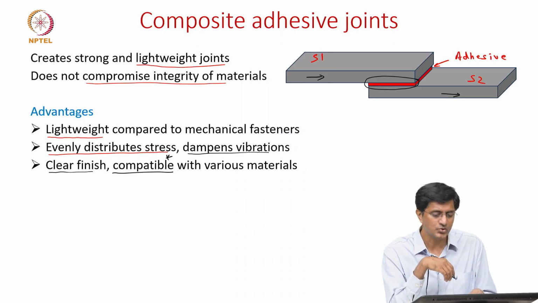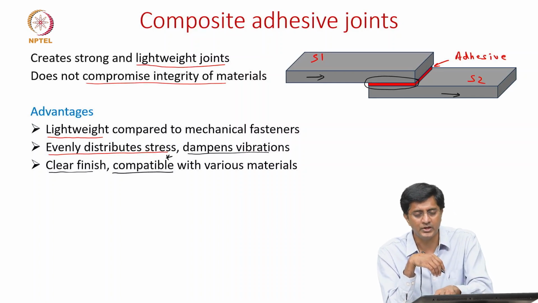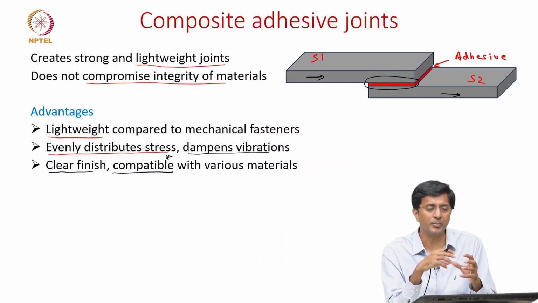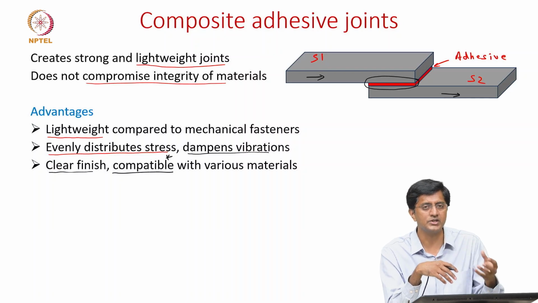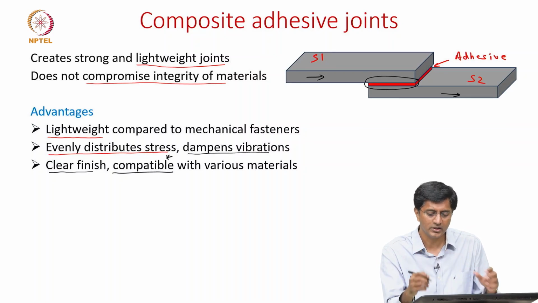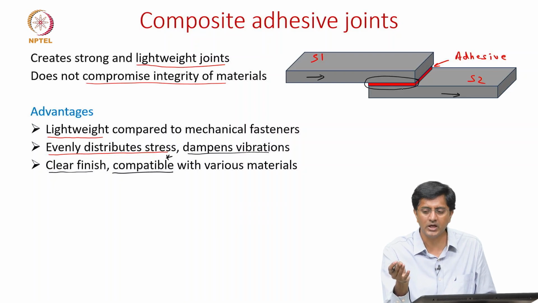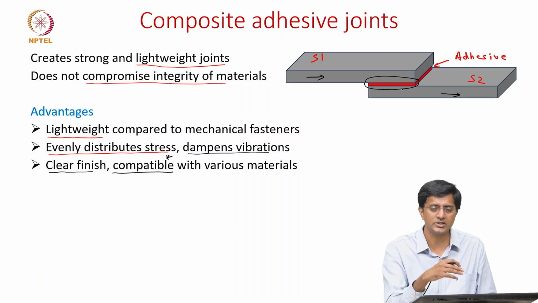But usually in adhesive joints, the adhesives we choose are compatible with most of the materials. Of course, it's not for each and every material, but 90-95% of the materials are compatible, meaning the same adhesives one can use to join aluminum, steel, as well as composite. So that's a greater advantage because one can use the same adhesives throughout the structure, let's say a car or an aerospace vehicle.